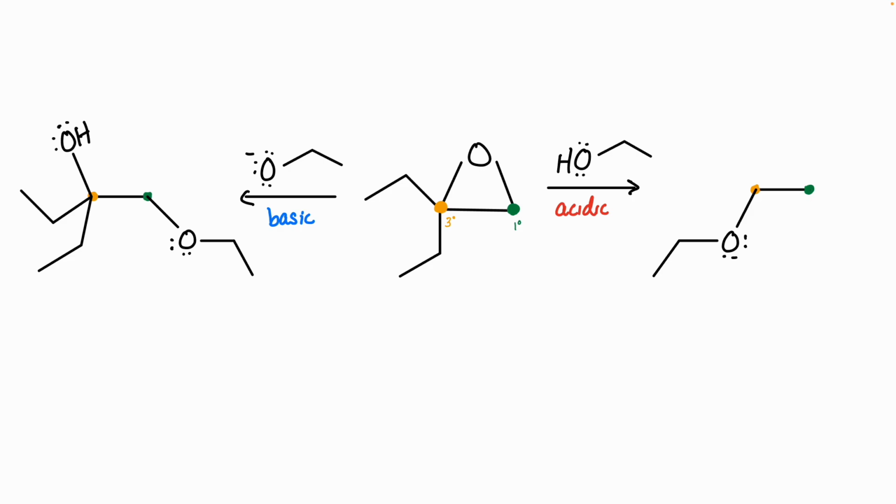All right, so although my alcohol is my nucleophile, it's going to lose that hydrogen. And my green carbon is the one with that hydroxyl group from that ring opening reaction. All right, and now again, I want to put in my ethyl groups that were on that orange carbon.